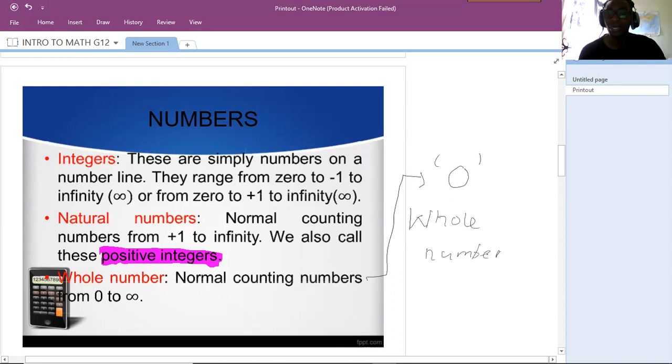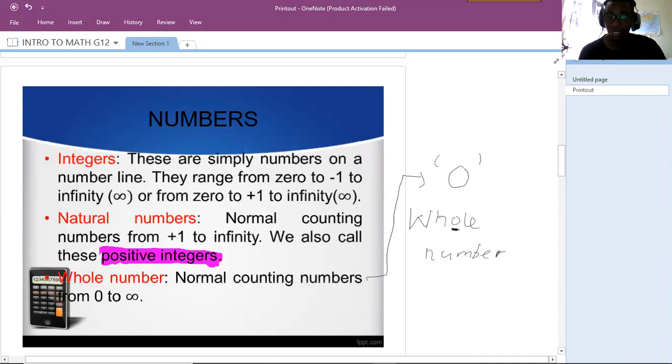The way that I remember that whole numbers start from zero is that you've seen this O in the word whole numbers. This zero represents that a whole number is going to start from 0, 1, 2, 3, 4, 5, etc. until infinity. They never come to an end.